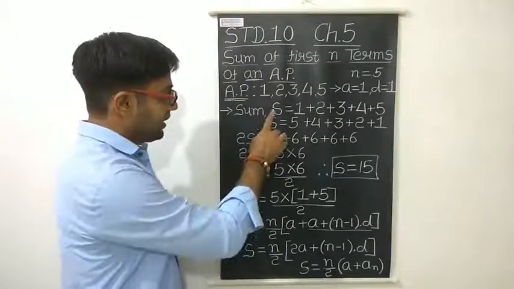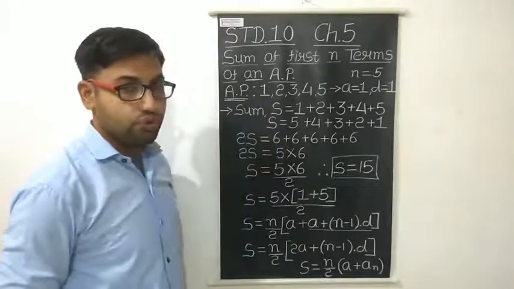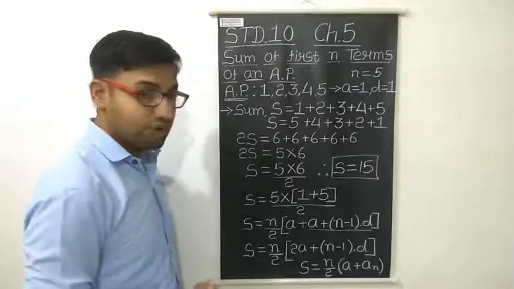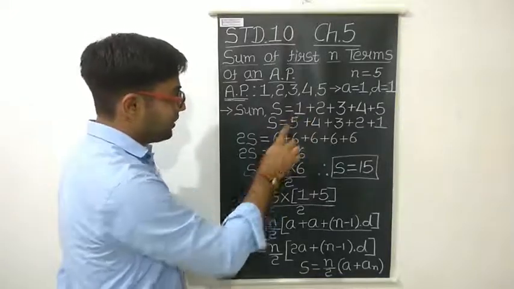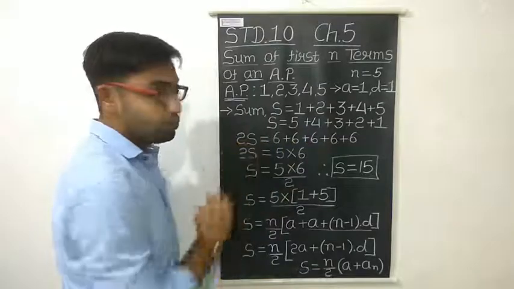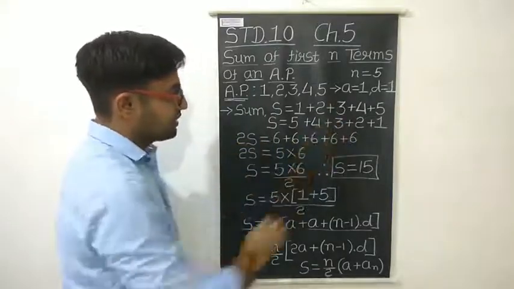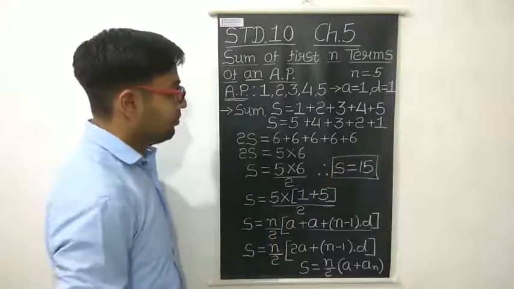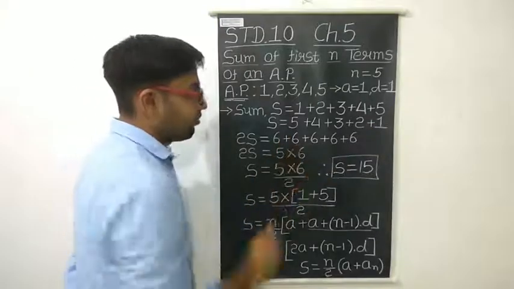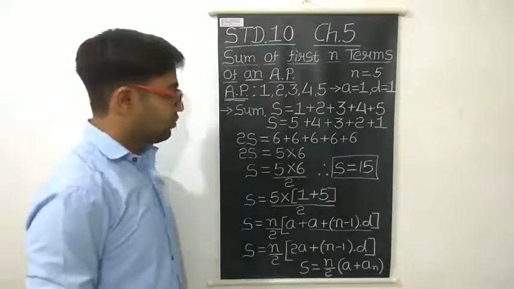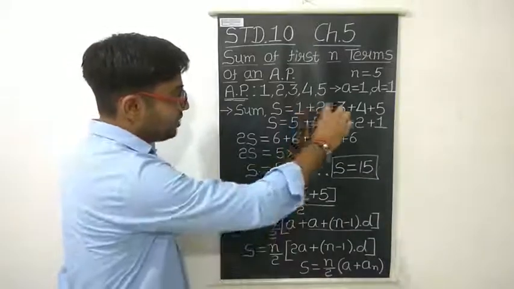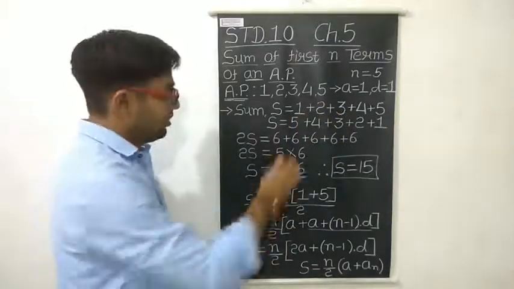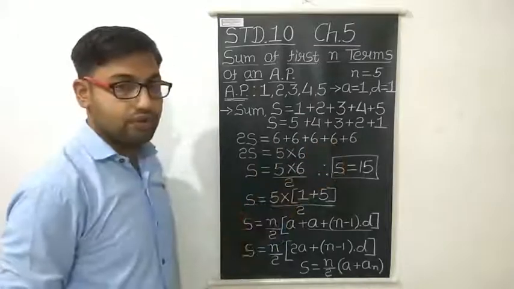On the left hand side we get S plus S, that is equal to 2S. On the right hand side, what will happen? See, 5 plus 1 is 6, 4 plus 2 is 6, 3 plus 3 is 6, 4 plus 2 is 6 and 5 plus 1 is 6. So 5 times we have to write 6. By adding both we get the same value, right?